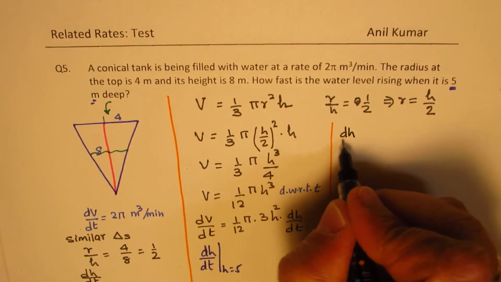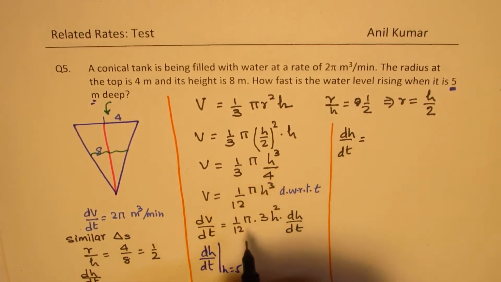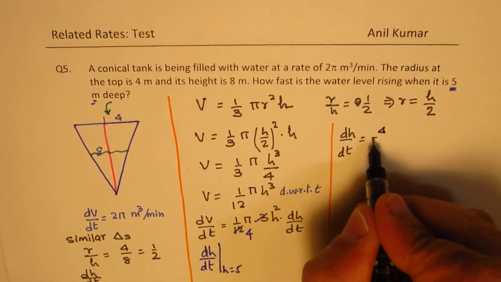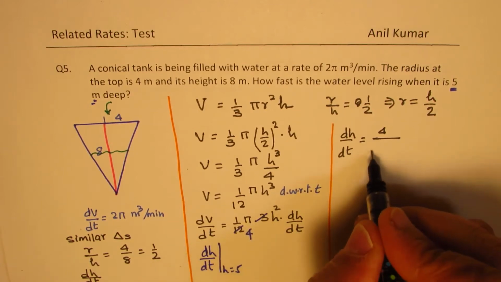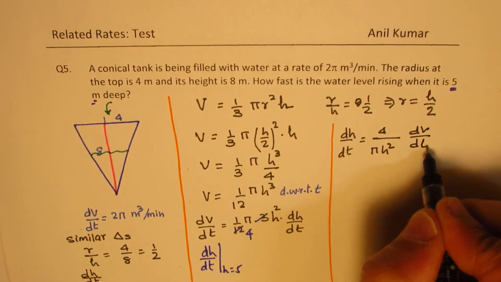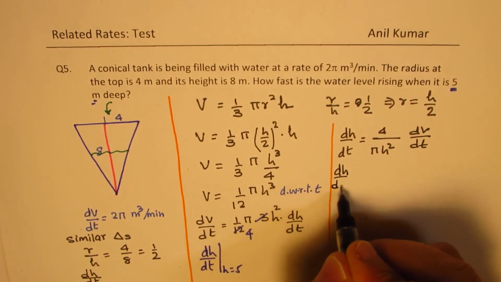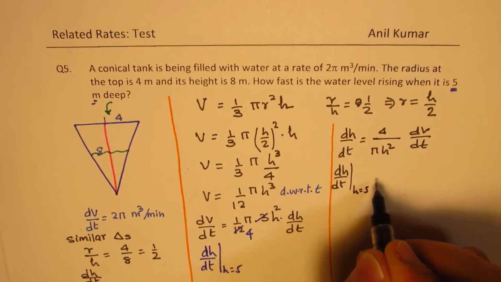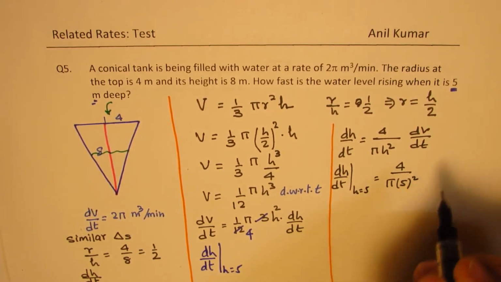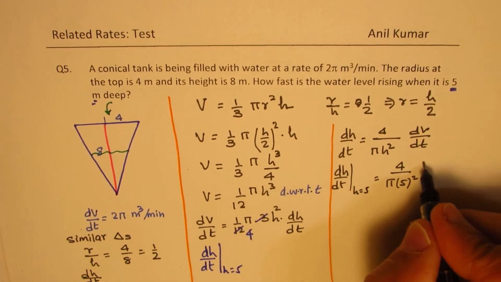So from here we get dh/dt, now you can simplify this, dividing, we get 4 in the numerator. The denominator is pi h square, times dV/dt. So now dh/dt for height equals 5 will be 4 over pi times 5 square, times dV/dt which is 2 pi.